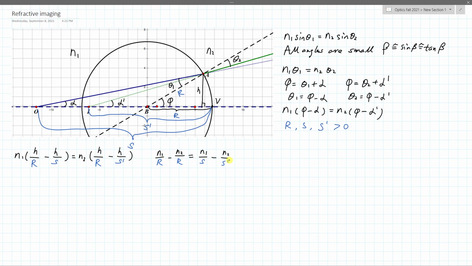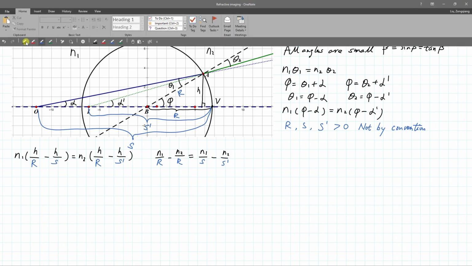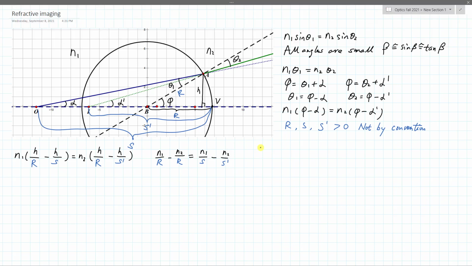Now let's consider the convention. These are not by convention, so let's use convention. By convention, the object distance is positive if it's on the left side.